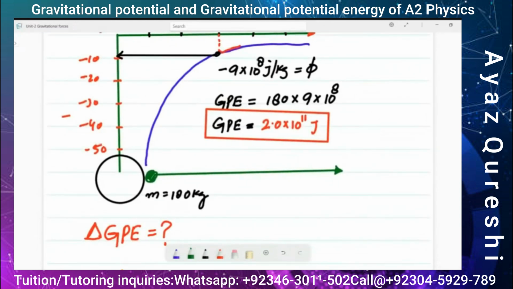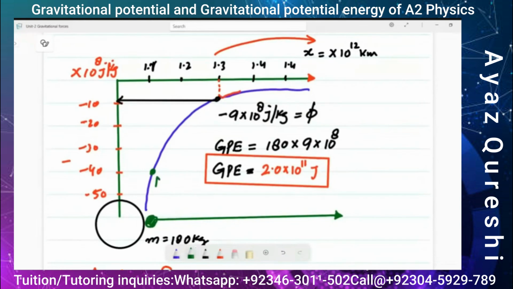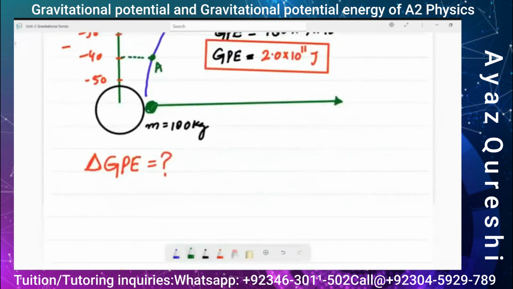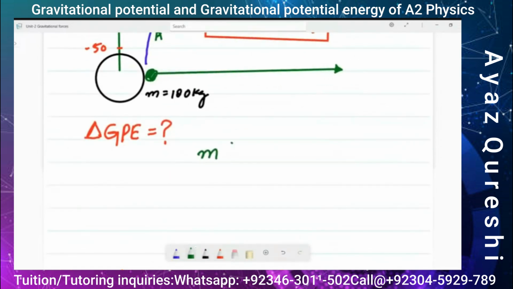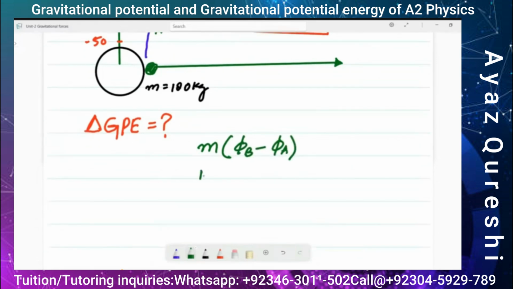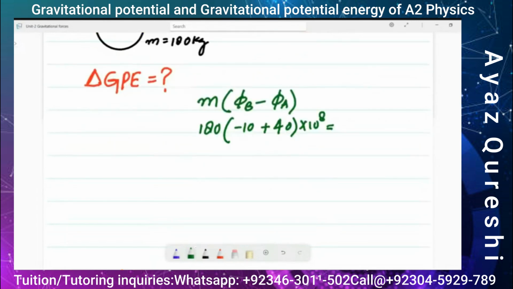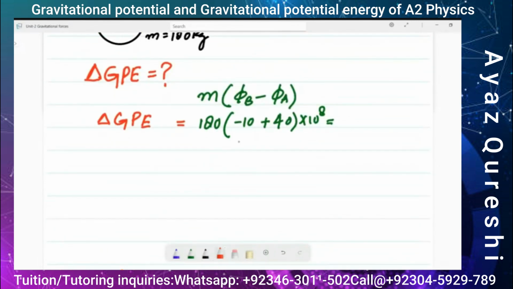For example, the gravitational potential at point A, let me mark it point A, and let me mark point B. Here the gravitational potential is -40 and here the gravitational potential is -10. So the change in gravitational potential energy is potential at B minus potential at A. That was a 180 kg rock, potential at B was -10 and potential at A was -40. So minus minus plus 40 into 10 raised power 8. So what number will you get? 5.4 times 10 power 11.